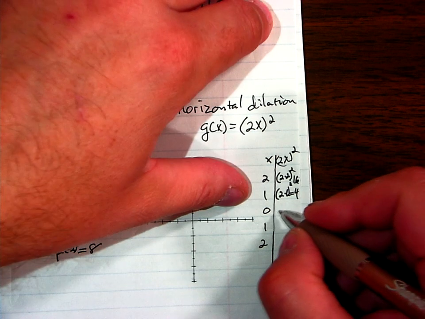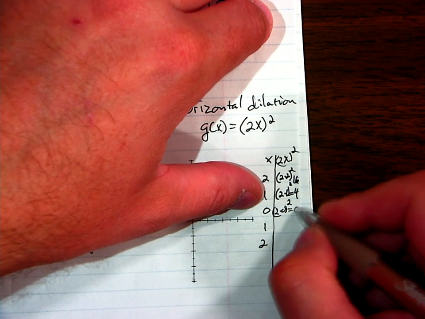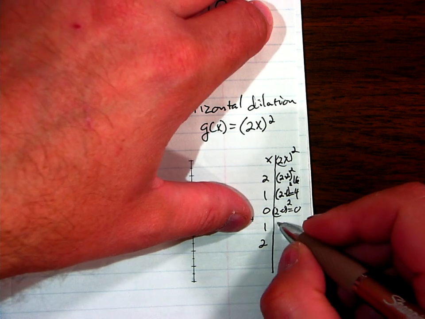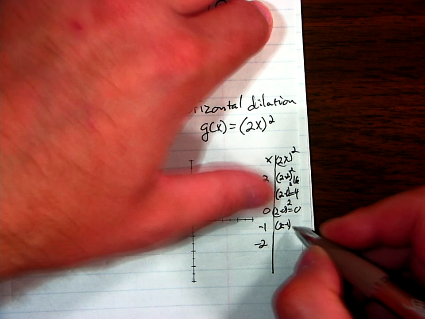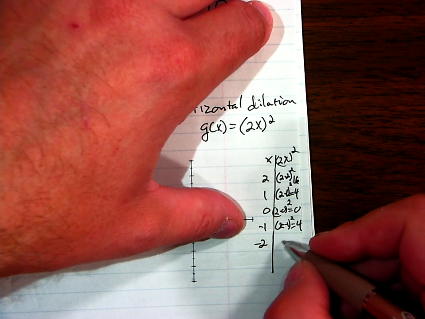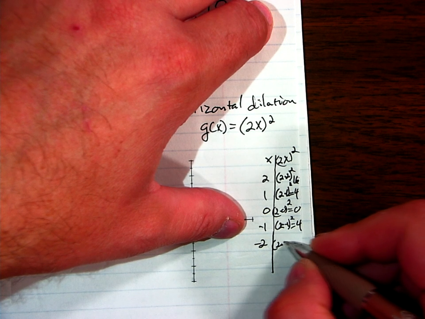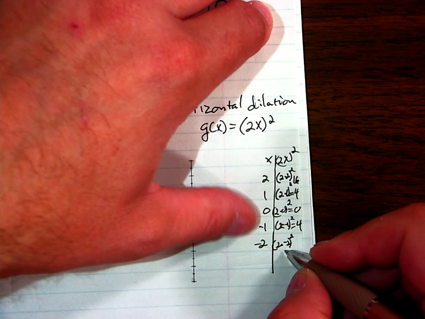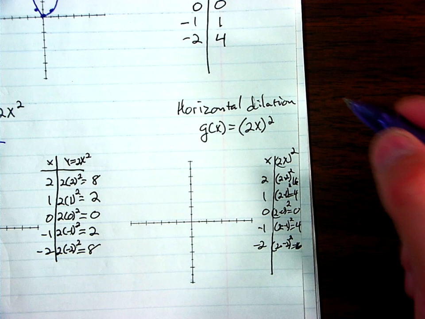All right, 0. 2 times 0 squared is 0. 2 times negative 1 is negative 2. Negative 2 squared is 4. And let's see, 2 times negative 2 is negative 4 squared is 16. So that's not going to fit on our graph, but that's okay.